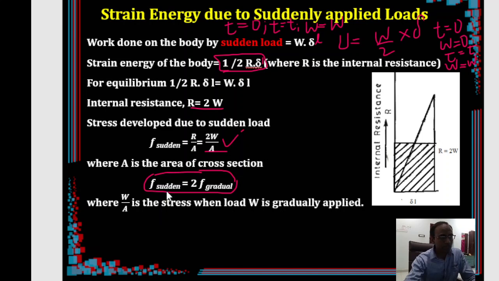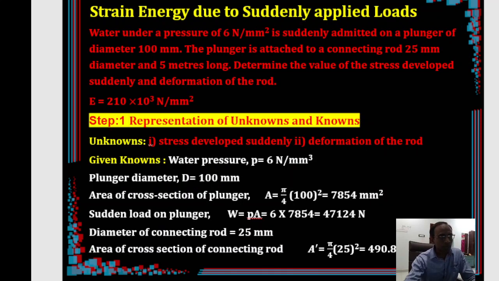Which means the stress due to the suddenly applied load is almost twice the stress due to the gradually applied, right? So this is one part of our target. Now let's move on to the second one, which is strain energy due to the impact load. Before that, let us look at a small numerical example to make things clear.